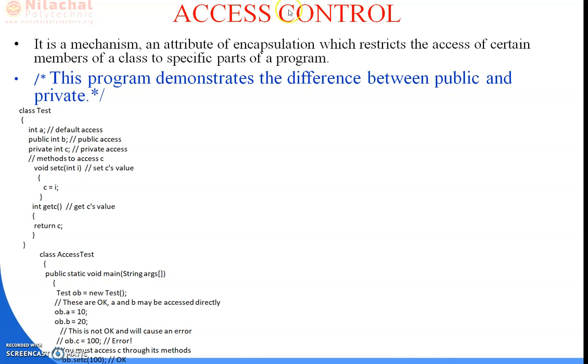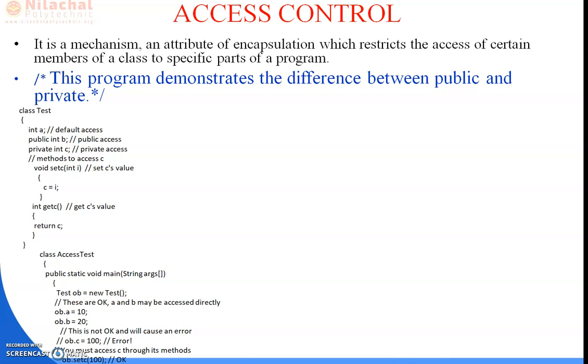As you can see, in this part there is a class named Test. We have declared a class named Test. Inside it we have declared int a, which has the default access modifier. We have declared a variable int b with the public access specifier. We have declared an int c variable with the private access specifier.